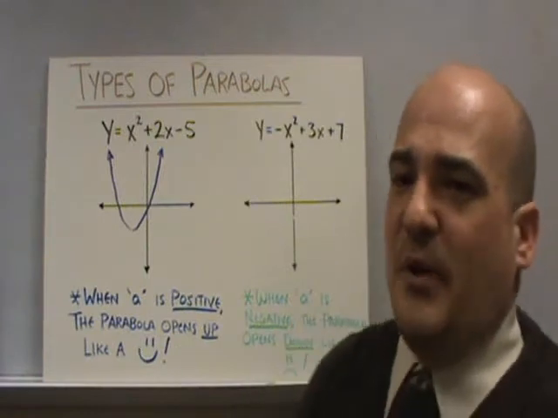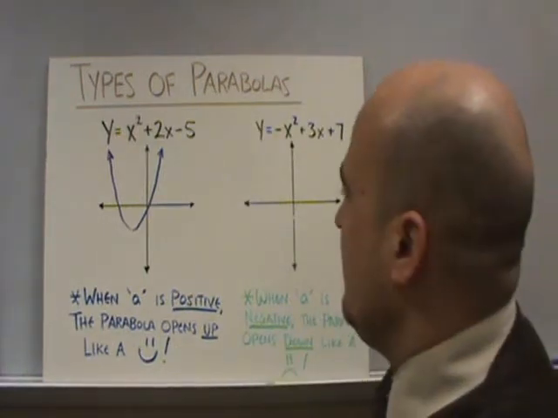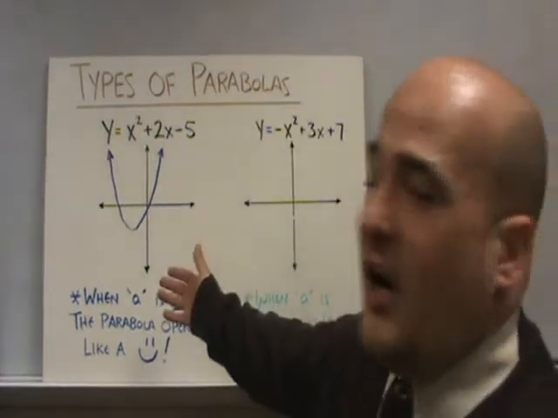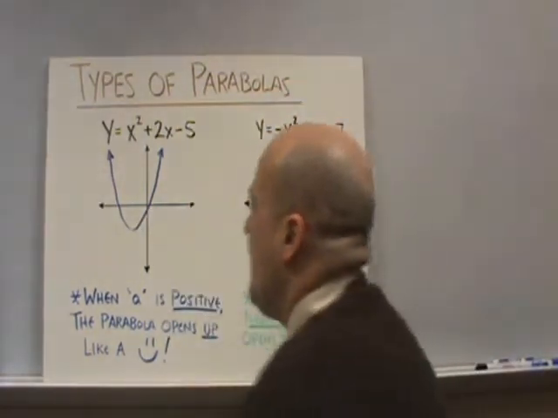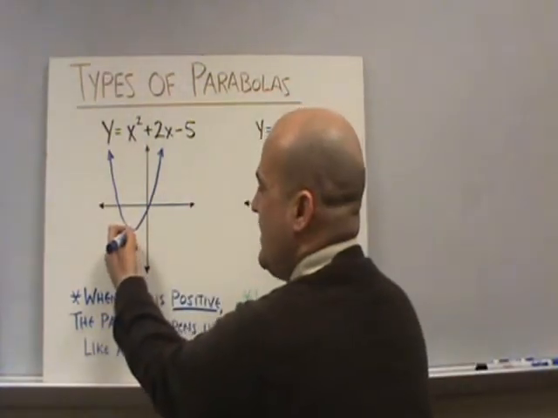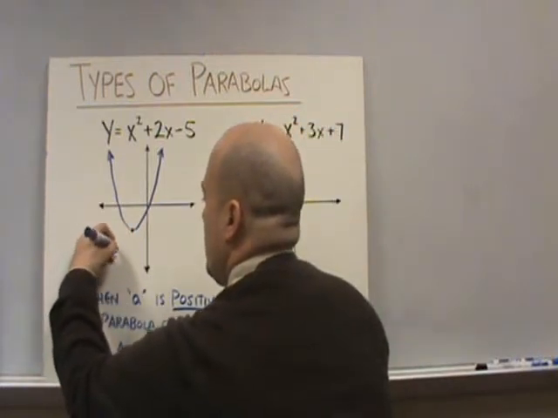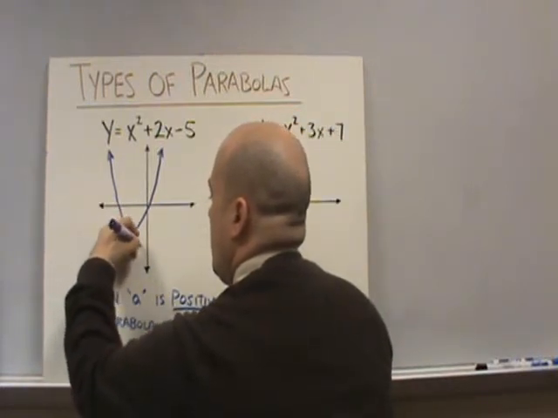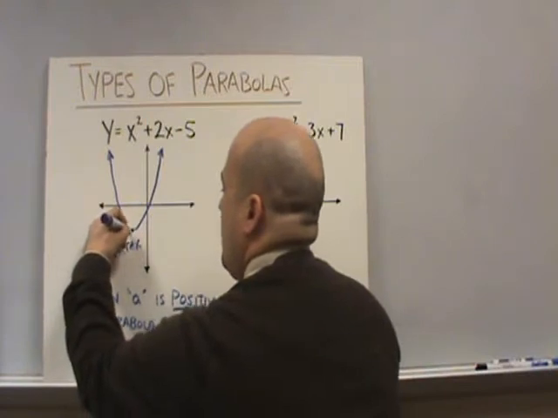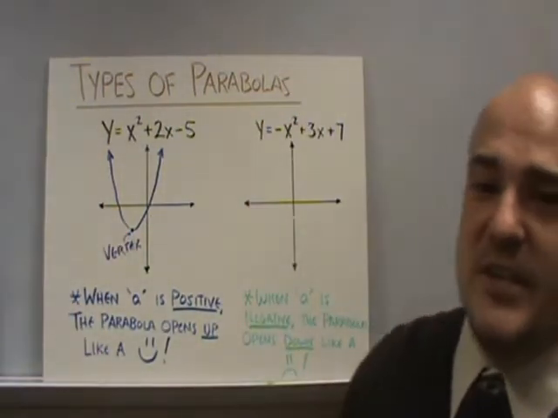Again, that's not a perfect one, but that's close enough. We know that the vertex is the lowest point, this is the minimum right down here. Right there, that's our vertex.